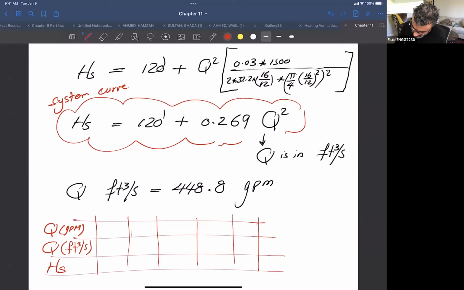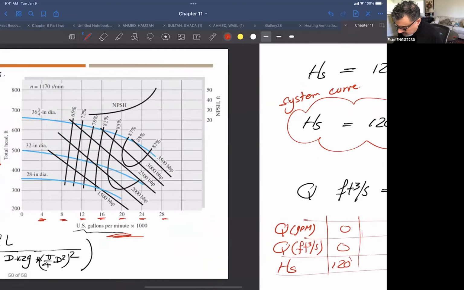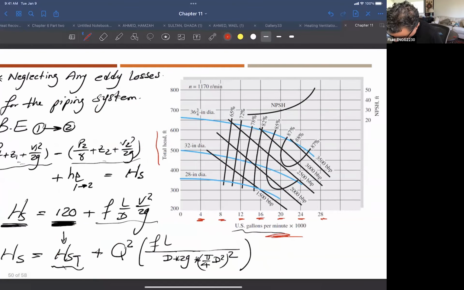At 0, H static is 120. If you want to plot at 0, you will need the H static total of 120.